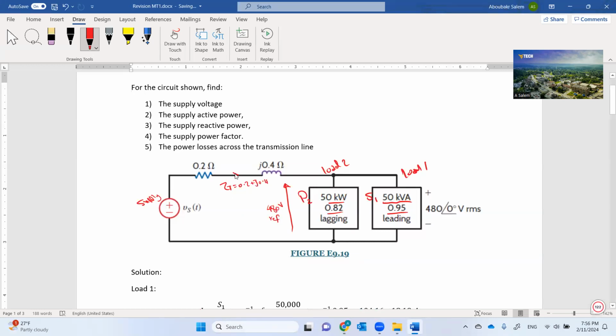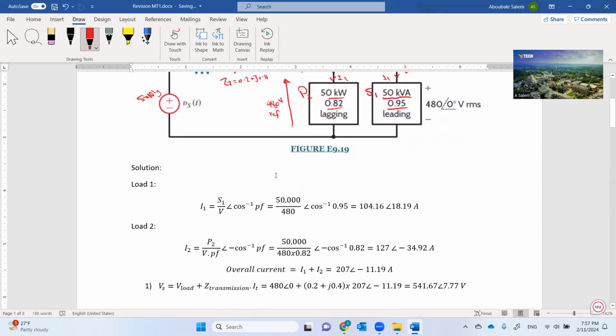We need the current in order to say Vs equals 480 plus the voltage drop across this transmission line. The best way is to get the first current, I load 1, then get I load 2, and add them together to get I total. So this is the solution of this problem. Let's follow step by step.